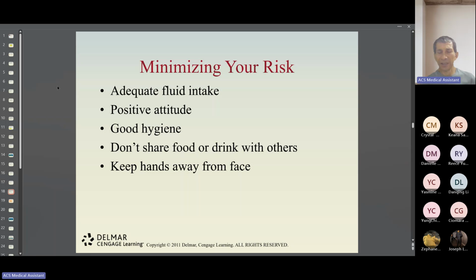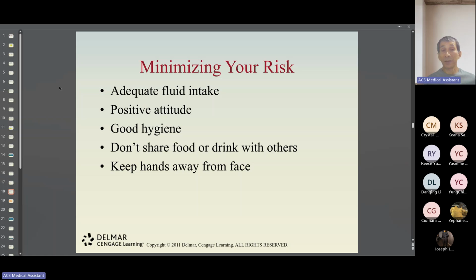Adequate fluid intake. Now, once again, we talked about fluid intoxication. So you just need, that's what it says, adequate. It depends on your level of activity, gender, weight. Because if I don't do many exercises because I'm sitting right here teaching all the time, I'm not going to be drinking so many fluids. It makes no sense.